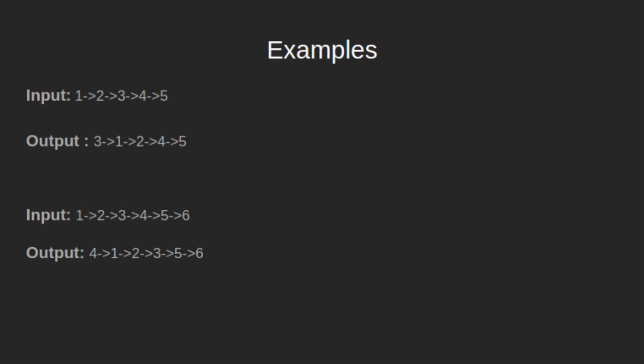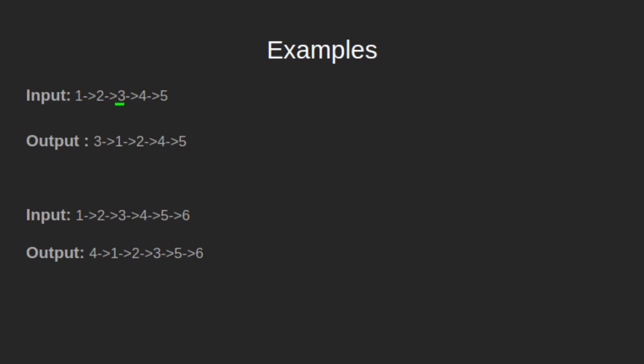In the first example, we have given a linked list 1, 2, 3, 4, 5. After making middle node, which is 3, as head node, output will be 3, 1, 2, 4, 5. In the second example, we have given a linked list 1, 2, 3, 4, 5, 6.